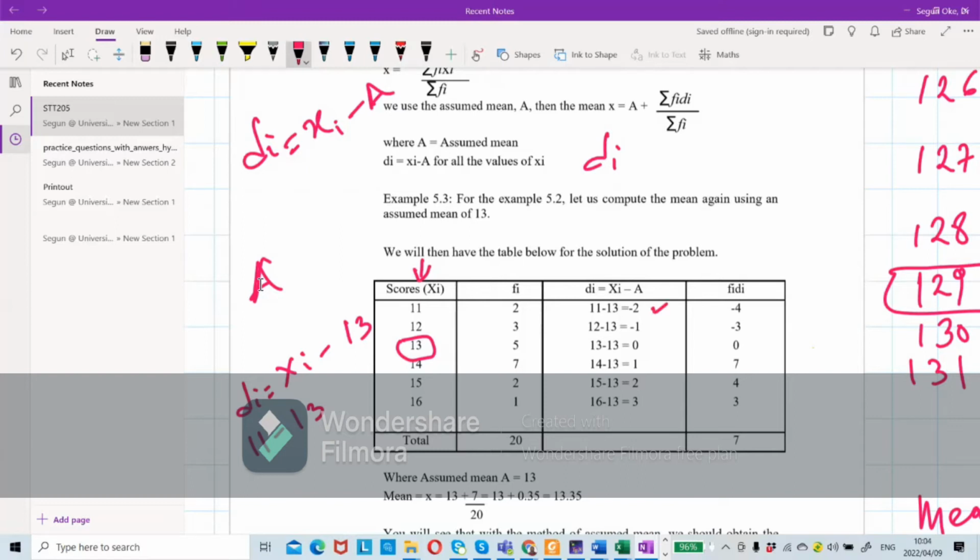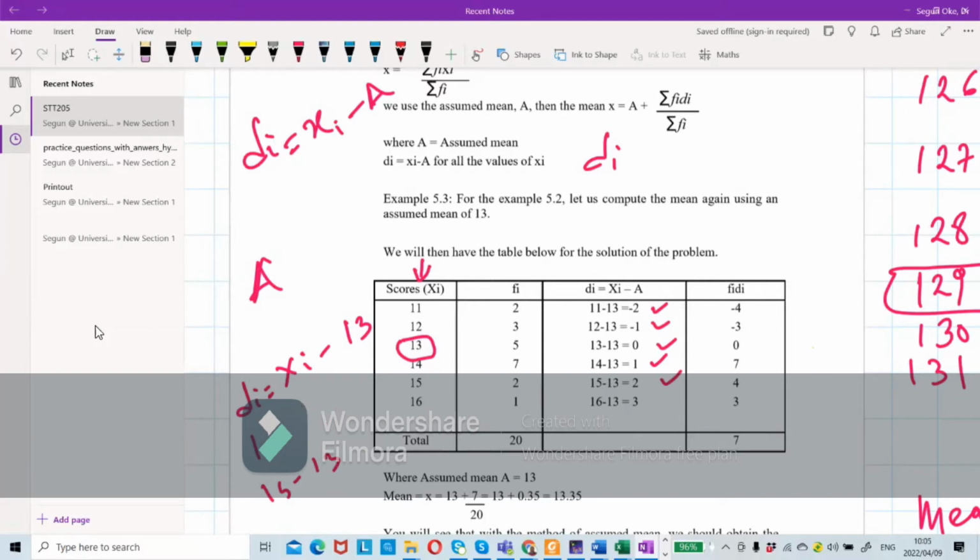Minus 2. 12 minus 13 is minus 1. 13 minus 13 is 0. The next one will be 14 minus 13 is 1. Another one will be 14 minus 13 is 1. 15 minus 13 is 2.